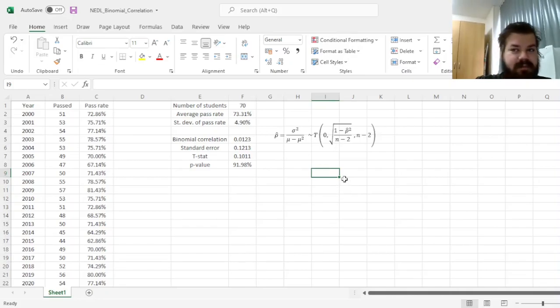So this approach is not necessarily that foolproof as you might imagine, but it's very useful to get a first glimpse of whether your binomial data is independent or not. And that's all there is for binomial correlations and significance testing using the approach presented.